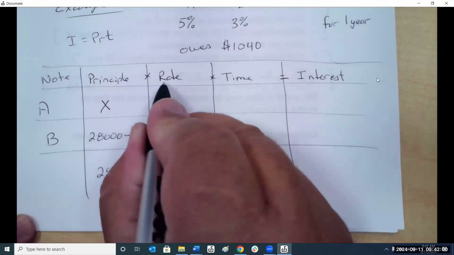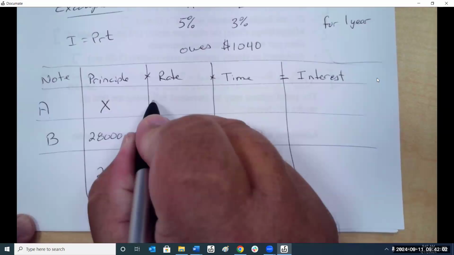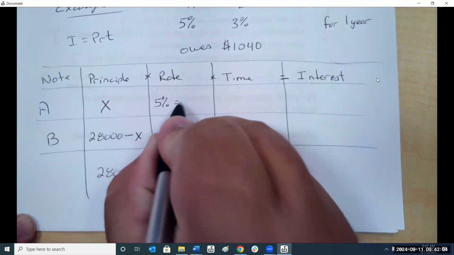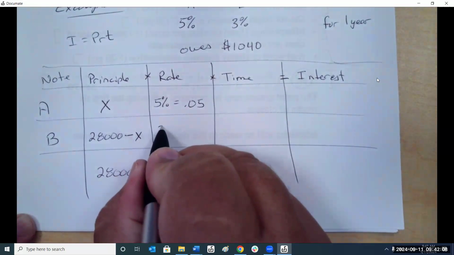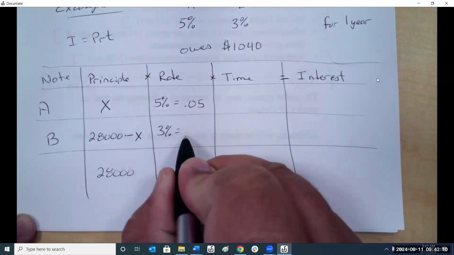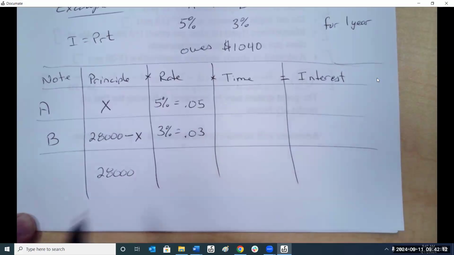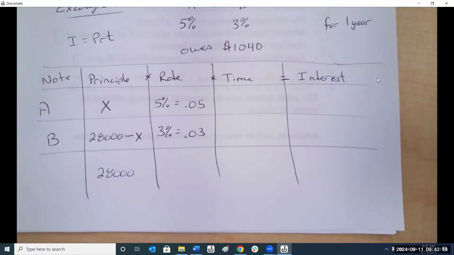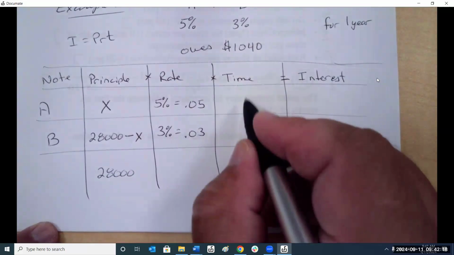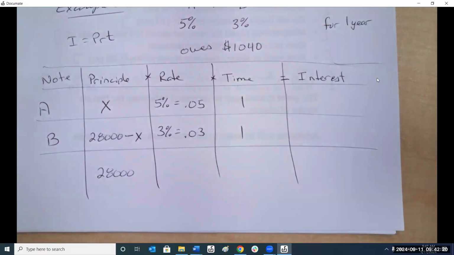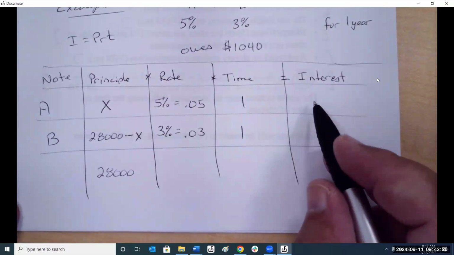So the rate of loan A was 5%, which is 0.05. And loan B was 3%, 0.03. What's the time? 1 year. So let's look at the interest.